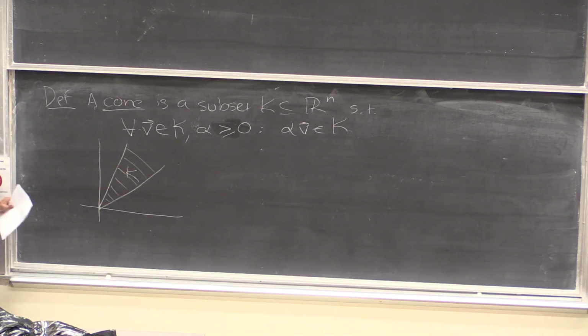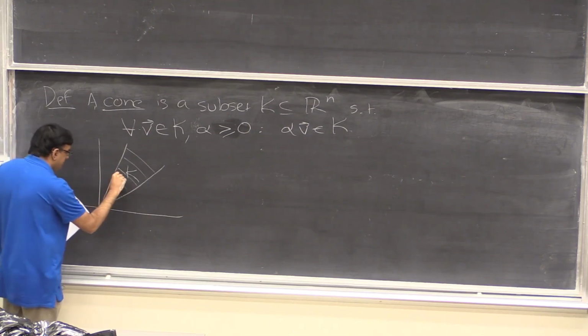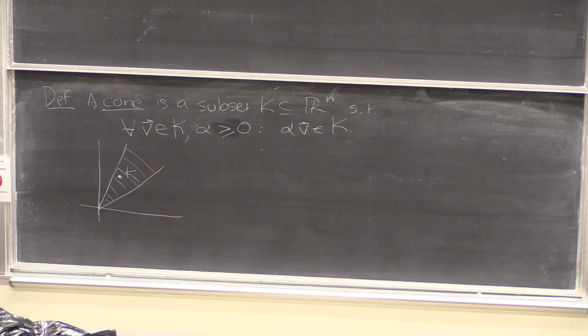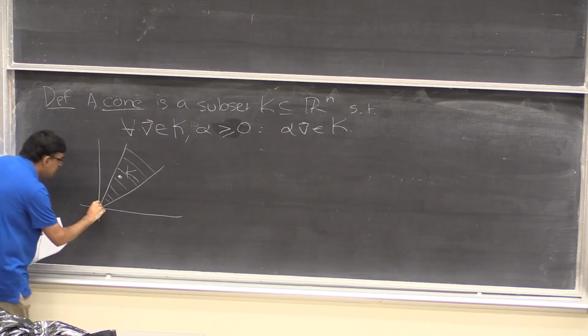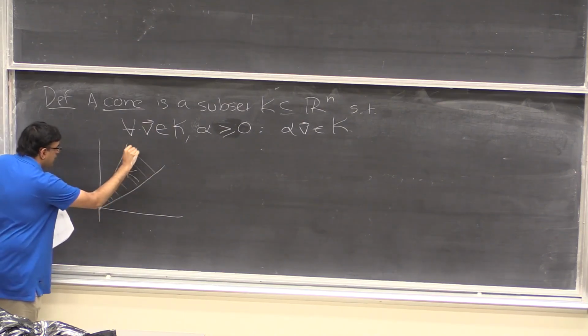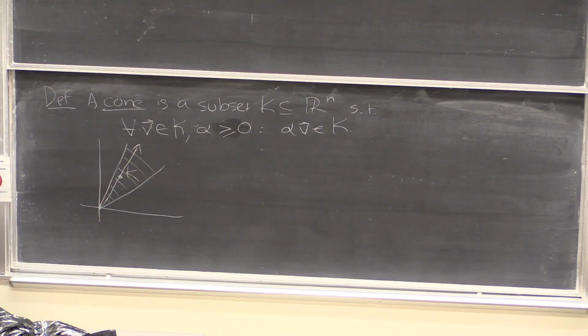Why is this a cone? We take any vector here, then the set of all alpha times v for all alpha greater than 0 manifests as a ray starting from the origin and going through this point to infinity. And because of the shape of this cone, this ray is contained in this cone for all alpha, as you go off to infinity.